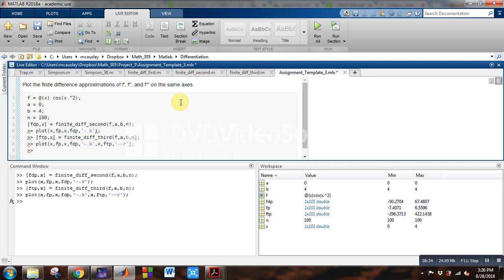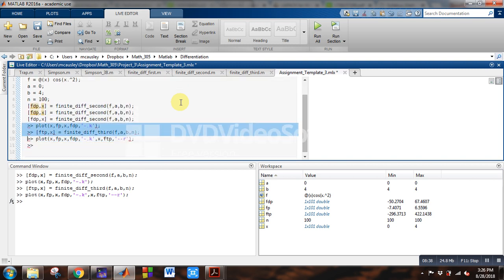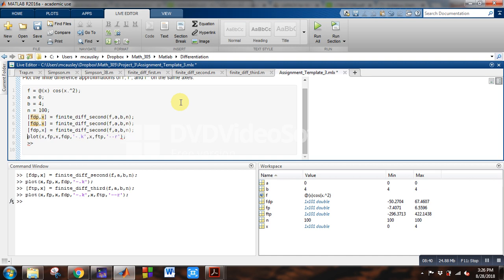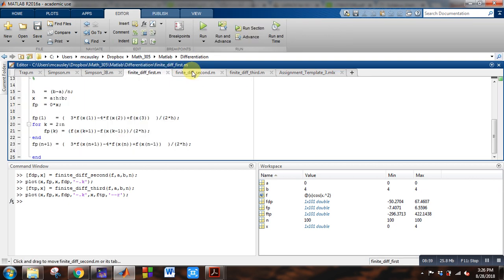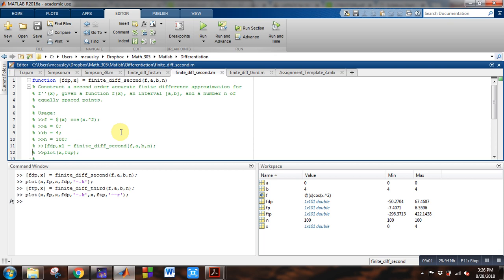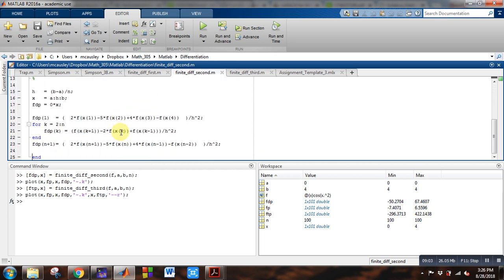And then we're just going to have a few of these now. I can just replicate these, because the syntax sort of matches once we get the idea of things. F double prime, this is f triple prime. So we can compute the first derivative, the second derivative, and then the third derivative. And that's coming from these downloadable Matlab scripts, which are basically the same except for what's done in the for loops.